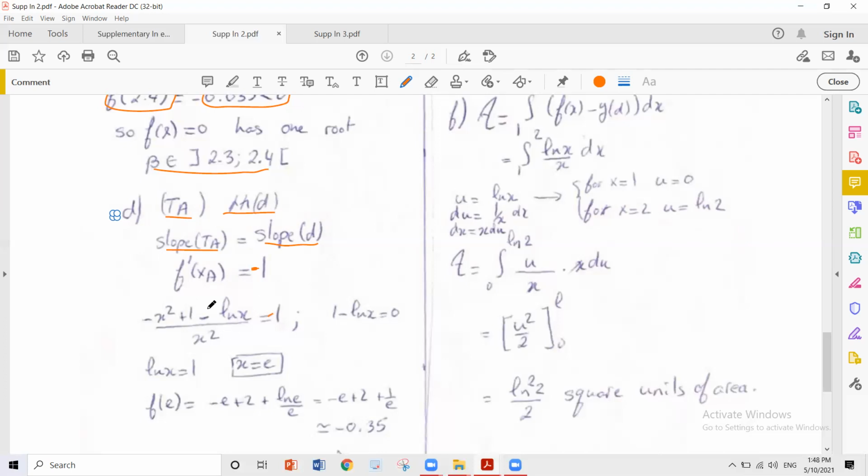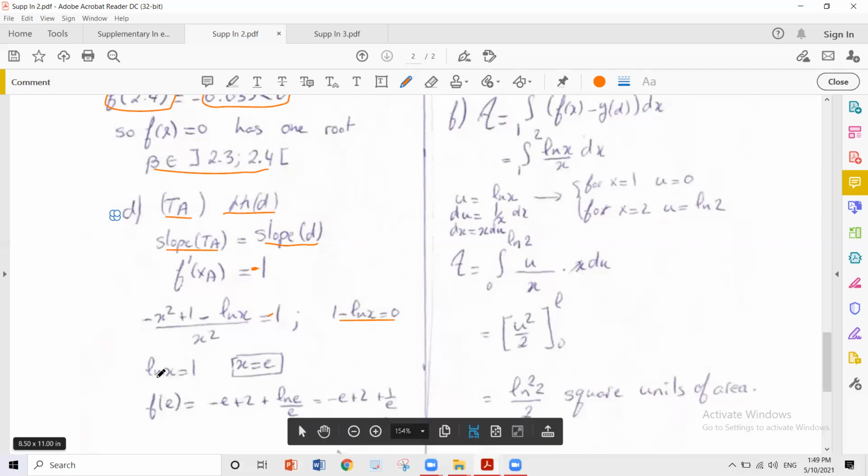Cross multiplying, remains 1 minus ln x equal to 0. Ln x equals 1, x equals e.